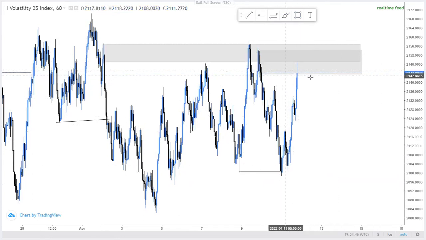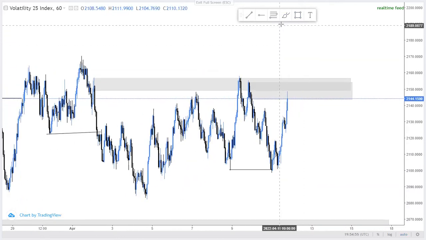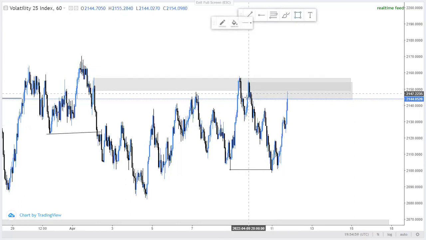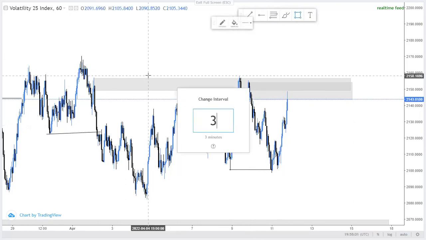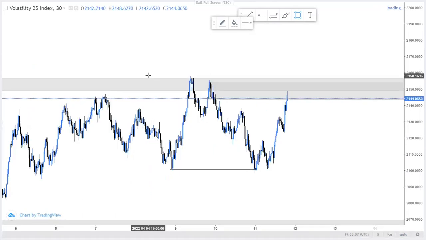So this is why we are actually supposed to be entering a trade here. We are taking a trade at this moment, and I will share with you the results of this trade. So let's get into our 30 minutes chart to see which order block exactly we are using and how we use it.